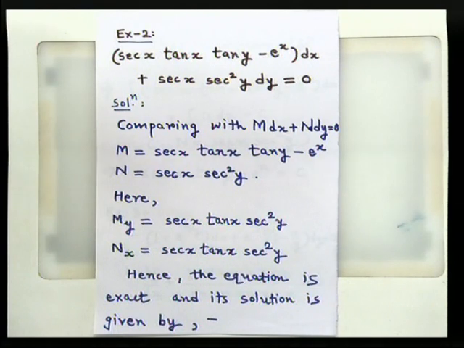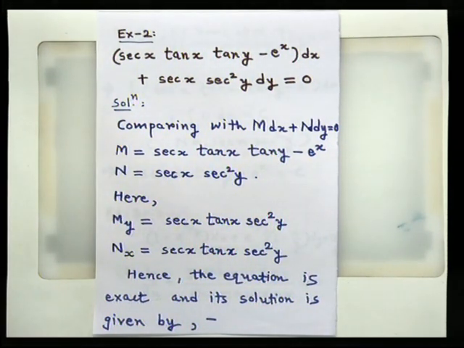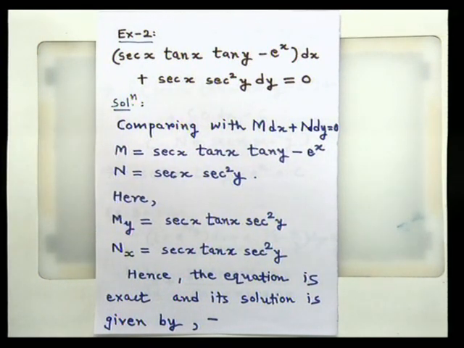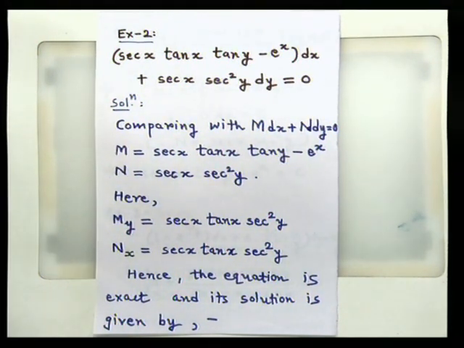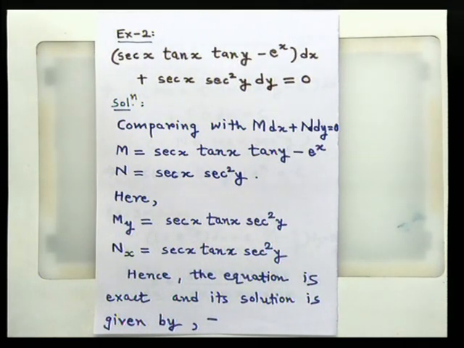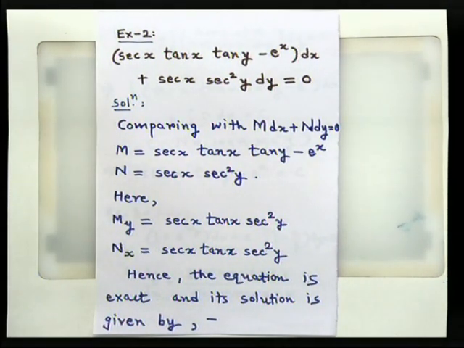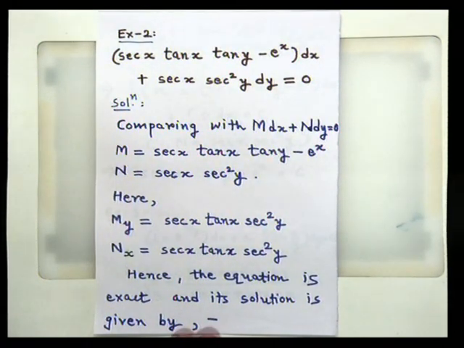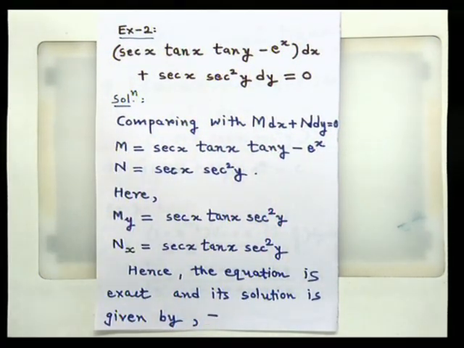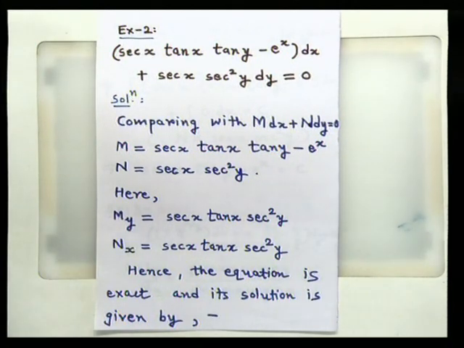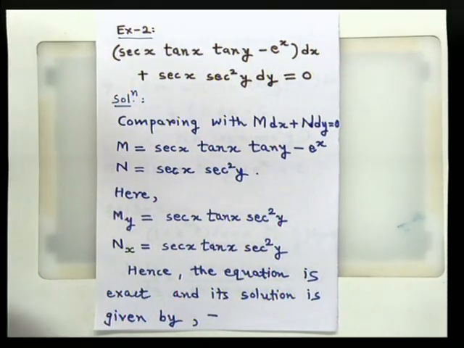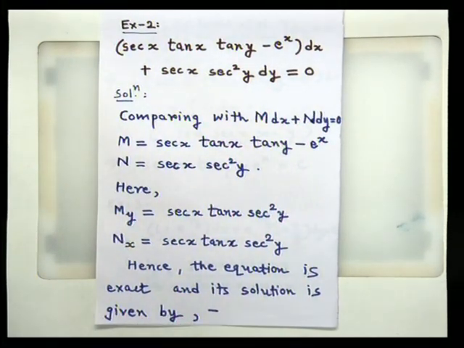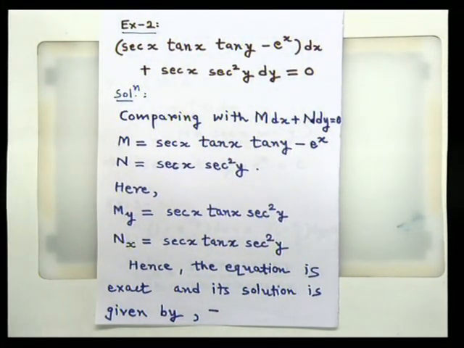So comparing the given equation with m dx plus n dy equal to 0, we have expression of m as sec x into tan x into tan y minus e raised to x, and expression for n is sec x into sec square y. So here, finding the first order partial derivatives of m and n with respect to y and x partially, we have the same expressions, and hence this equation is also an exact differential equation.